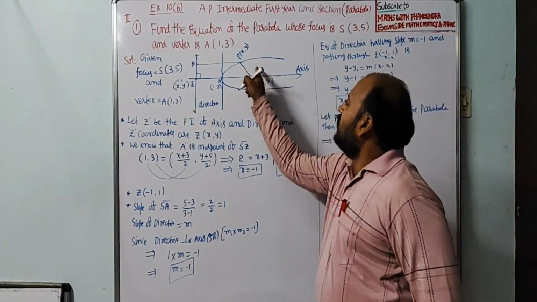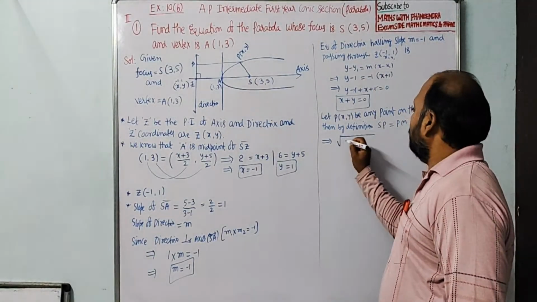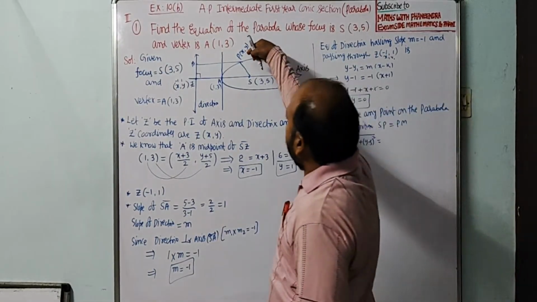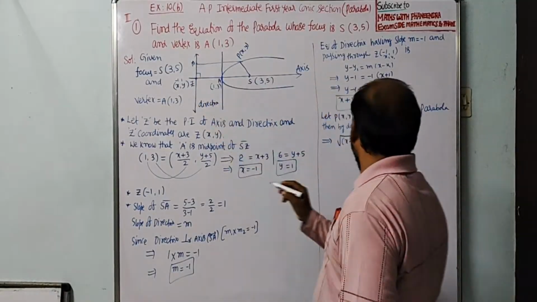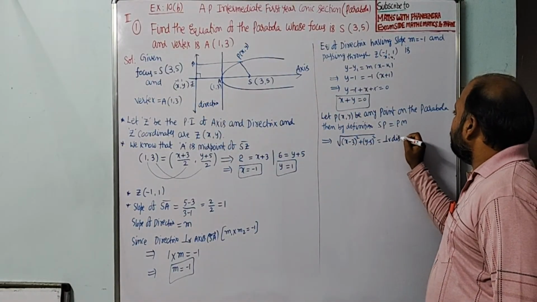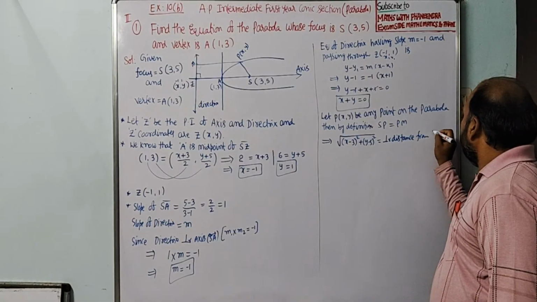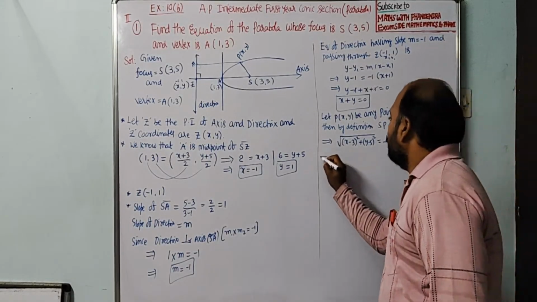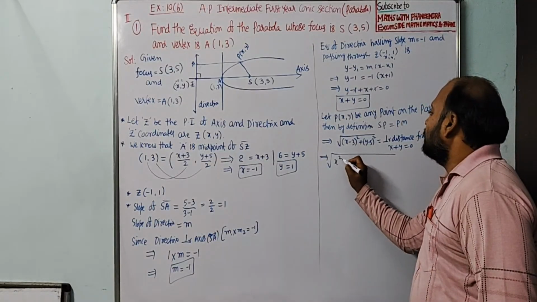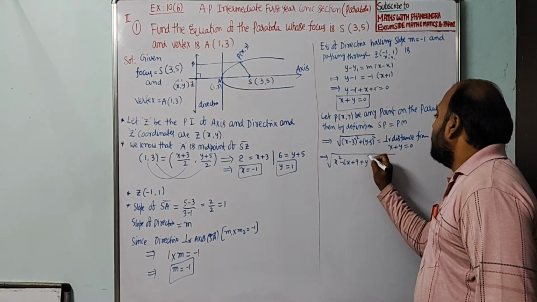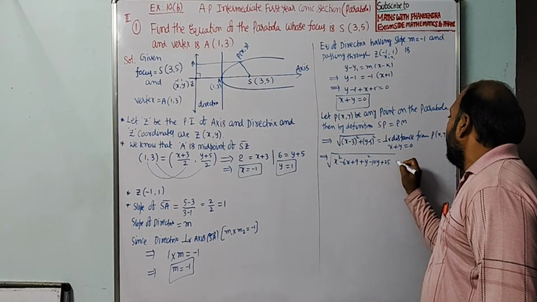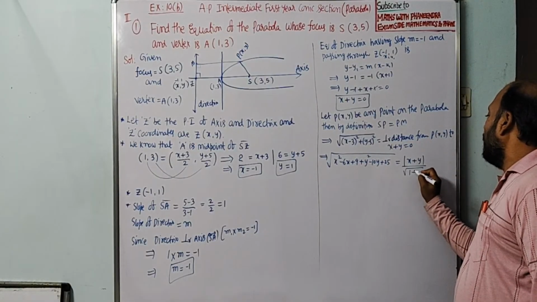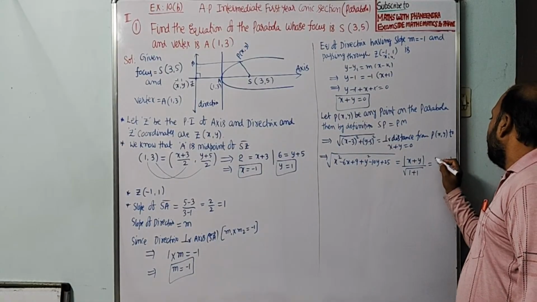SP is the distance between these two points, so the square root of (x - 3)^2 + (y - 5)^2 equals PM, the perpendicular distance from P(x, y) to x + y = 0. So the square root of x^2 - 6x + 9 + y^2 - 10y + 25 equals (x + y)/sqrt(1 + 1), so (x + y)/root 2.